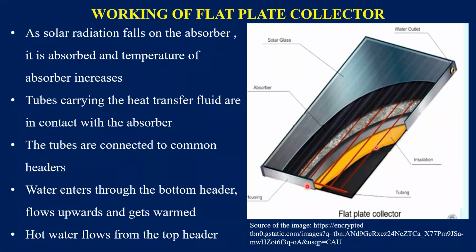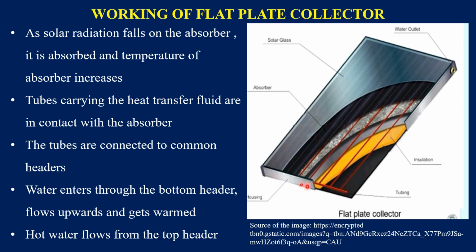These are the tubes. Vertical lines represent the tubes carrying heat transfer fluids, and all these are connected to the bottom header. Here the cold water enters the bottom header and then it rises upwards. During this process, since these tubes are in contact with the absorber, they get heated.